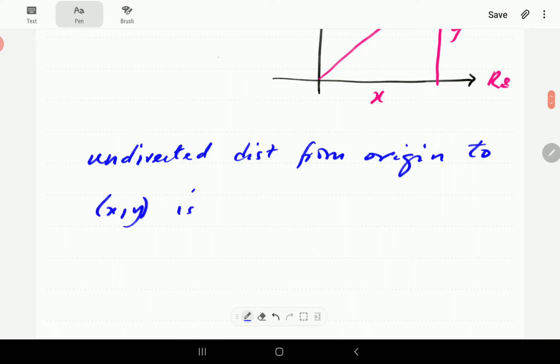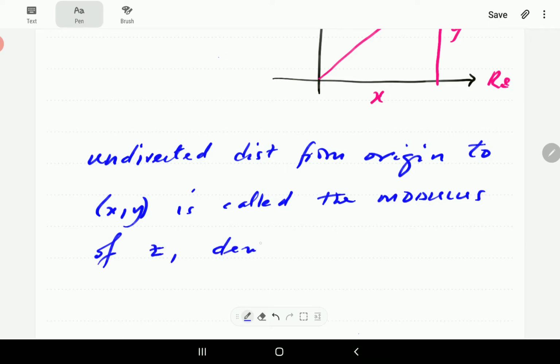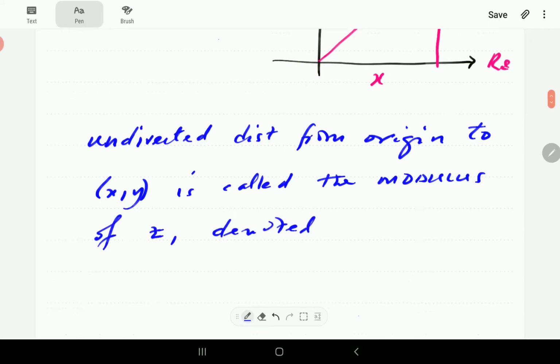Okay, so this is called the modulus of the complex number z, and it is denoted as follows.